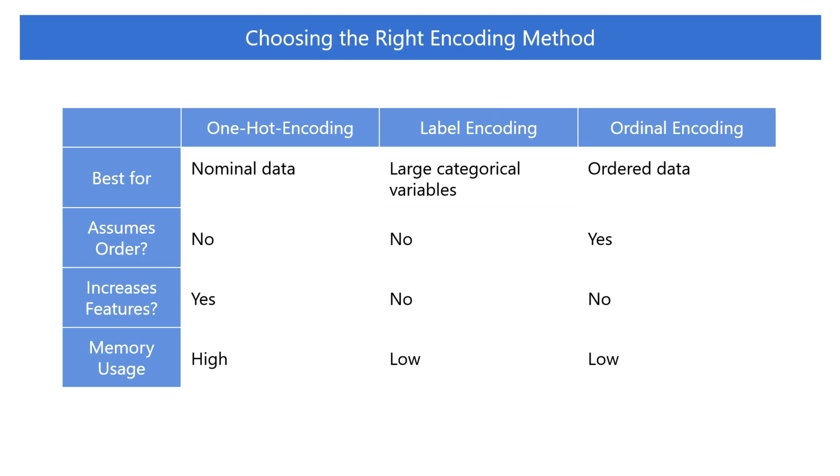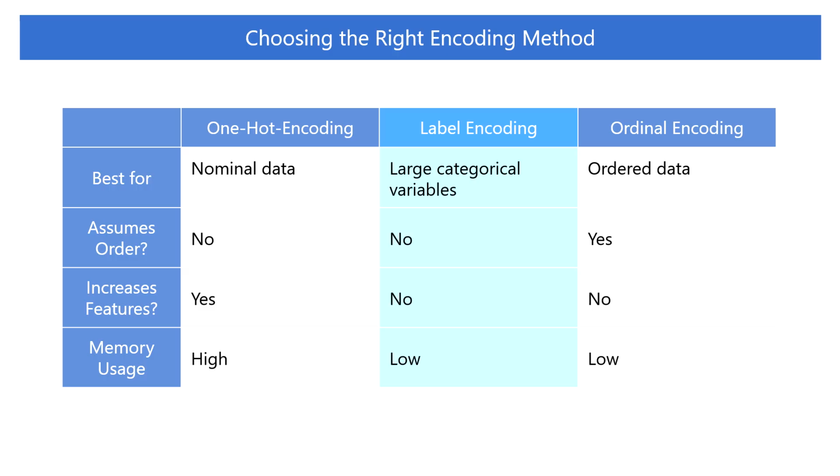Based on the pros and cons of each method, we need to choose the right encoding method. One-hot encoding is best for nominal data, where categories have no order. But it creates separate binary columns for each category, increasing features and memory usage. Label encoding is suitable for large categorical variables.